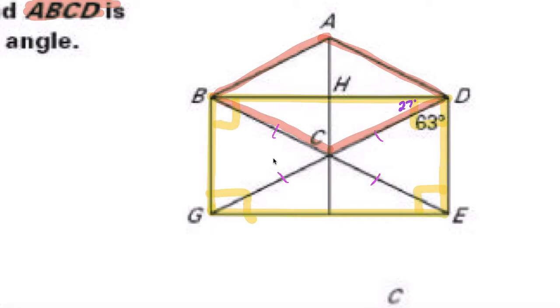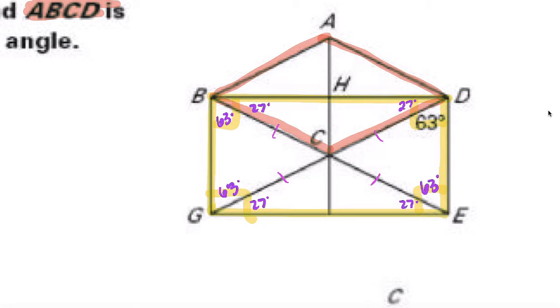I'm getting 27. Using my isosceles triangle relationship within this rectangle, I'm able to put the 63 here, as well as here, as well as here. Using those isosceles triangles in the rectangle, I can put the 27 here and here and here.